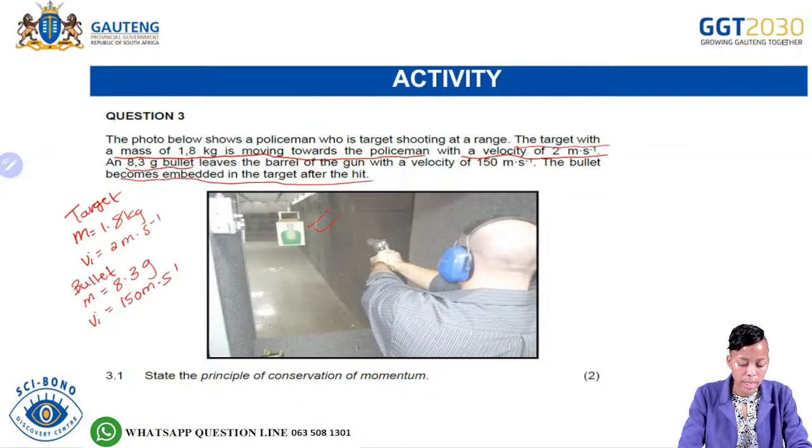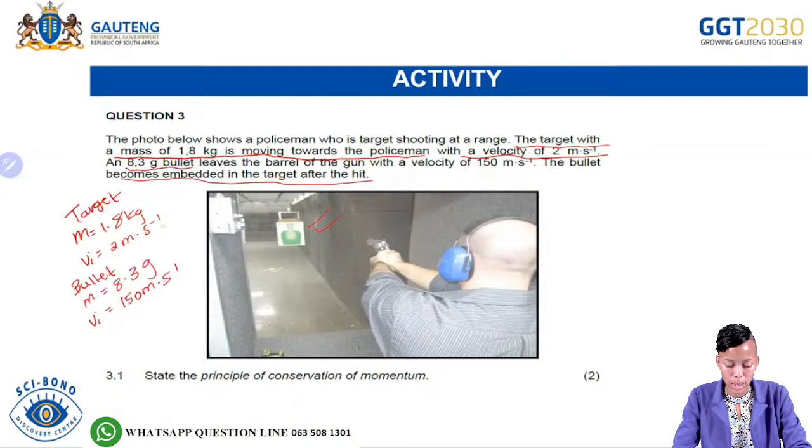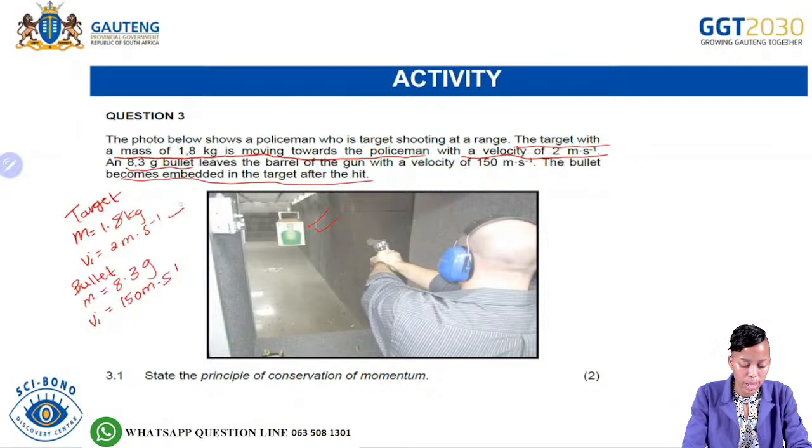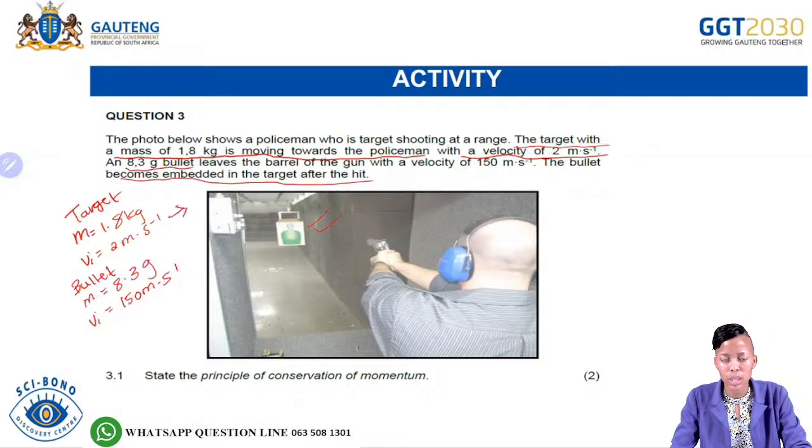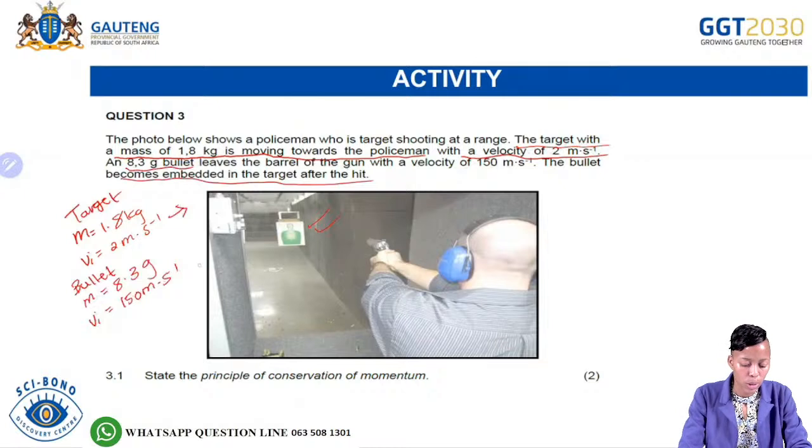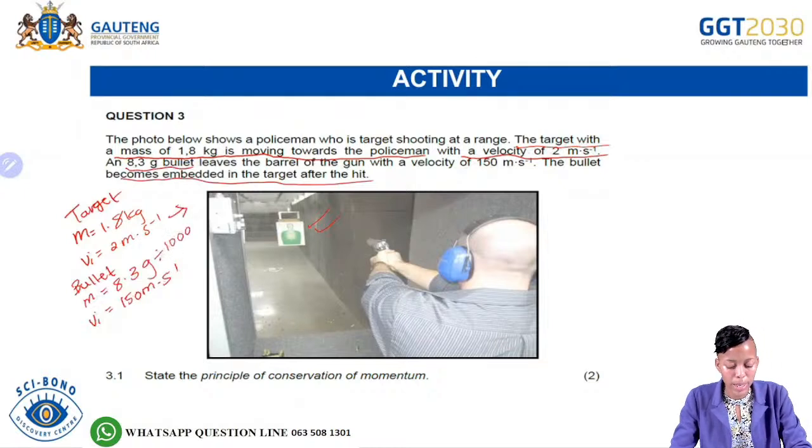So we can say that the target was moving towards the person, due east or to the right. And then we have the mass of the bullet, which is 8.3 grams. Remember, if you have a mass in grams, you need to divide by 1,000 so that you can convert it to kilograms.